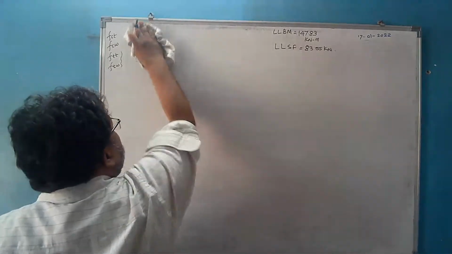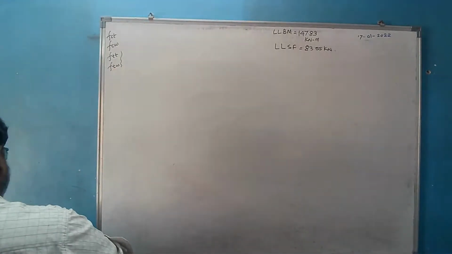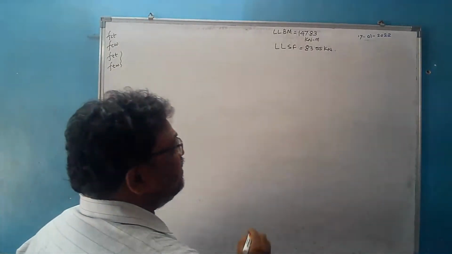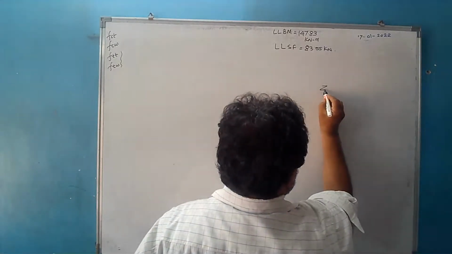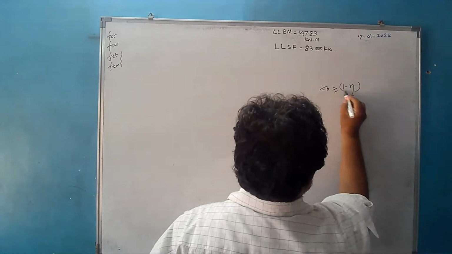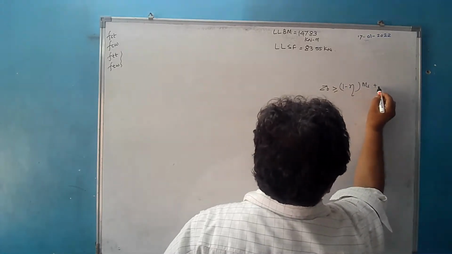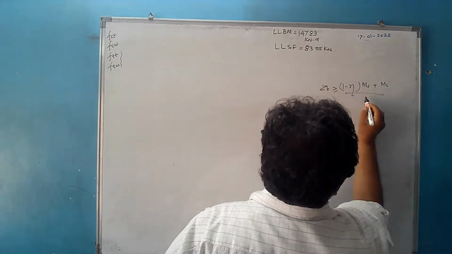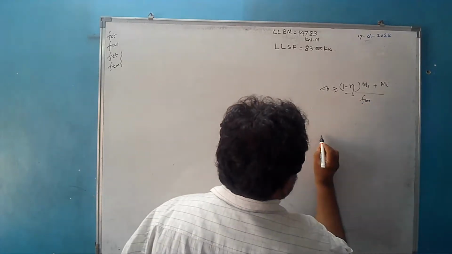The condition is same, so as to verify. What is the condition? ZB must be greater than or equal to (1 minus eta) Ms plus Mi divided by FBR.